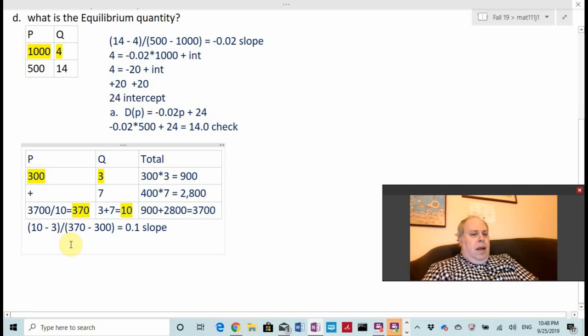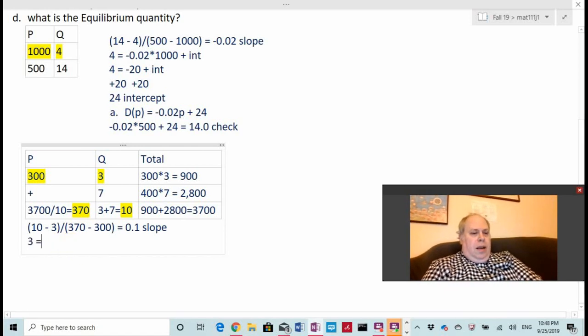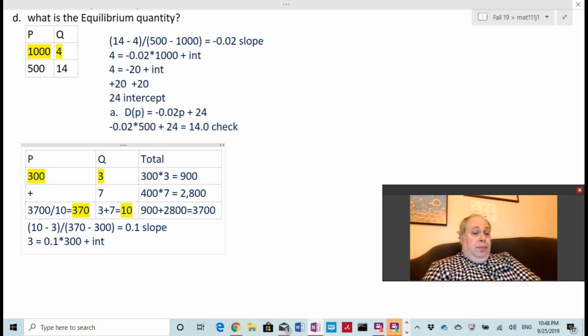3 equals 300 times the slope, 0.1. Actually, let's do it in the same order I always do it: 0.1 times 300, the price, plus the intercept. We subtract 30 from both sides, because we know that 0.1 times 300 is 30, and we get negative 27 is the intercept.